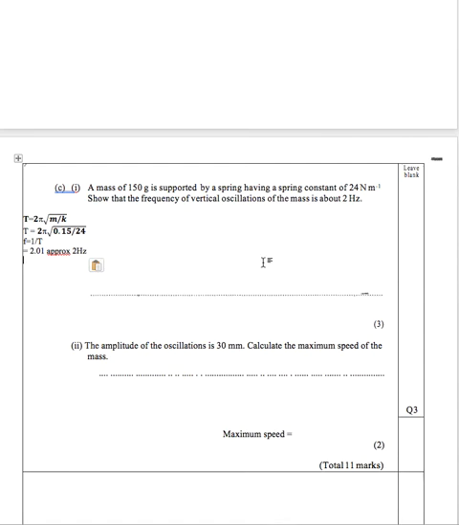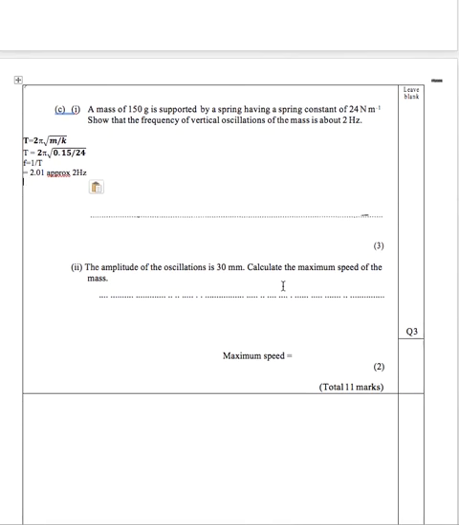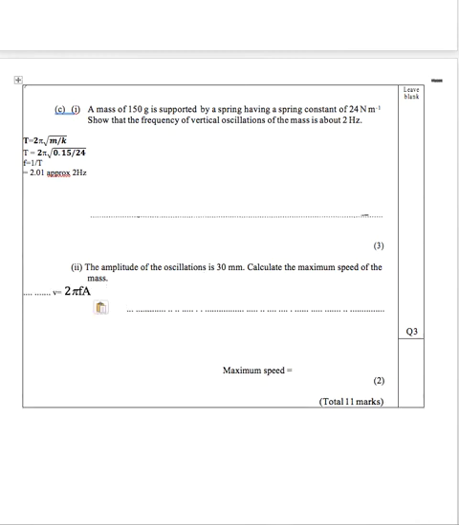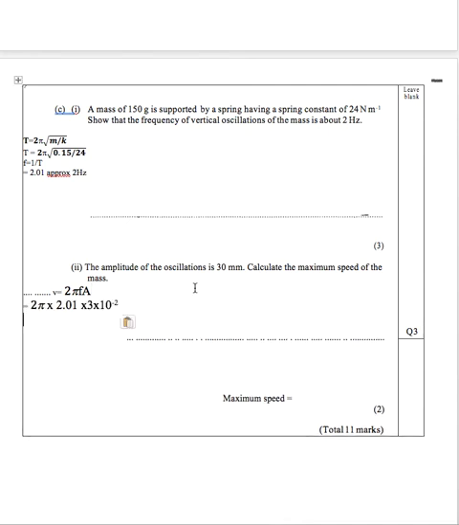So there it is. And then it says the amplitude of oscillation is 30 millimeters. Calculate the maximum speed of the mass. So we're going to use our v is 2 pi f a expression, and we're going to stick in our numbers, remembering that our a that we're given is in millimeters, so we want that in meters, 3 times 10 to the minus 2.